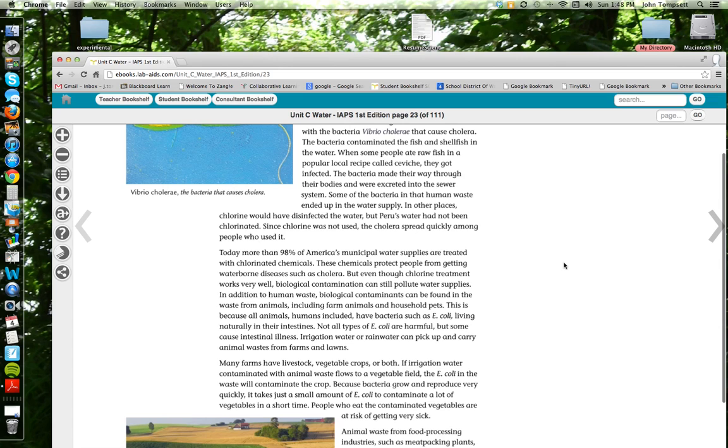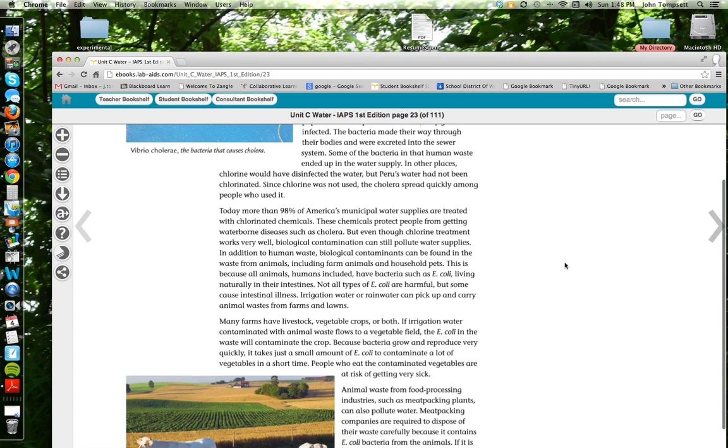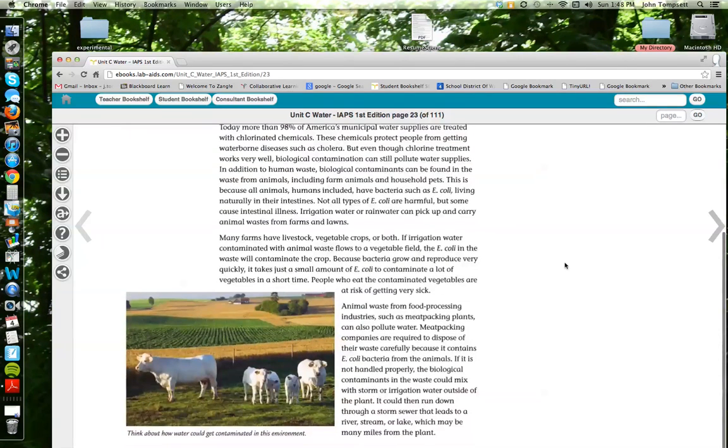Because bacteria grow and reproduce very quickly, it takes just a small amount of E. coli to contaminate a lot of vegetables in a short time. People who eat the contaminated vegetables are at risk of getting very sick.